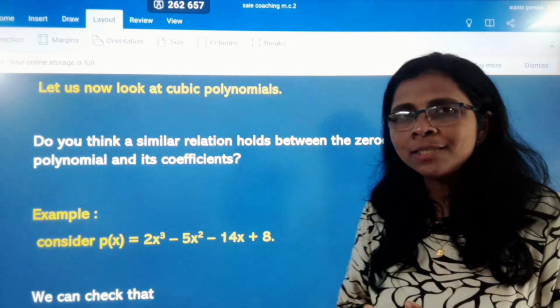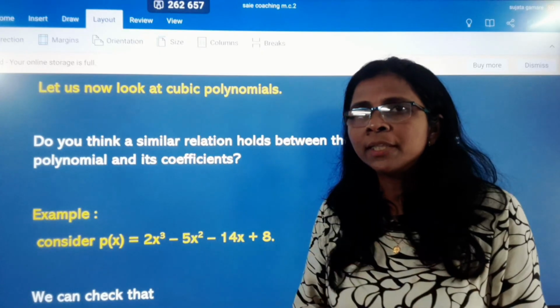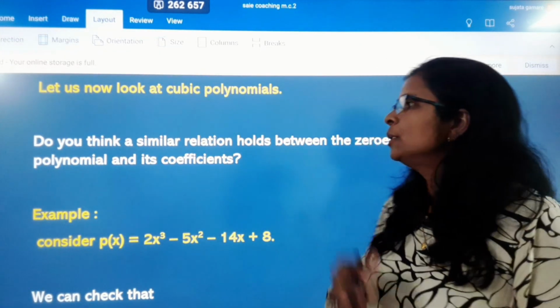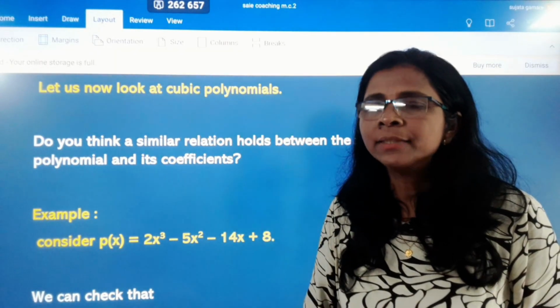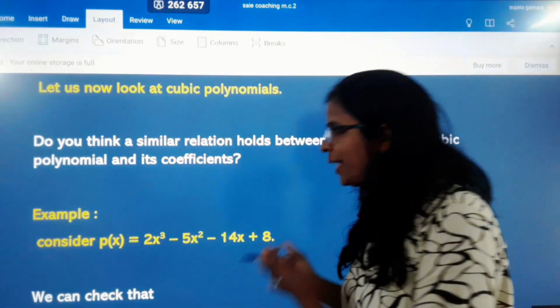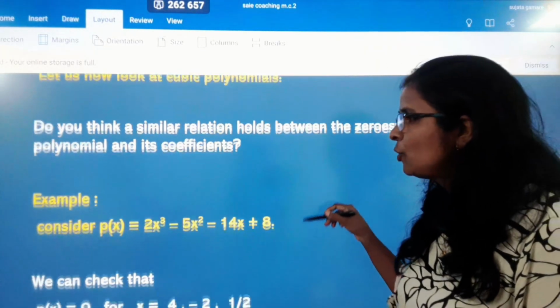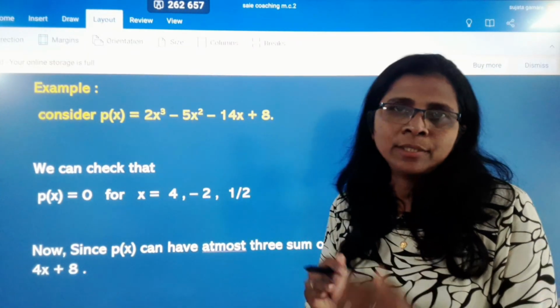So let us see that the relationship between the zeros and coefficients of a quadratic polynomial is the same as in the cubic polynomial. Here we take one example of a cubic polynomial and work out the answer.